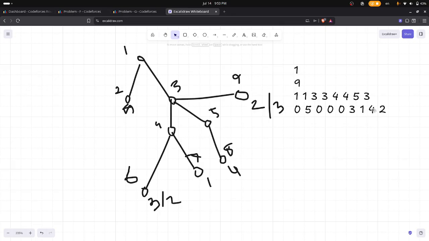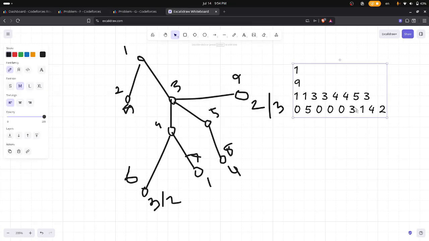For 9 the value is 9, 8 is 5, the value is 5. 2 is 5.